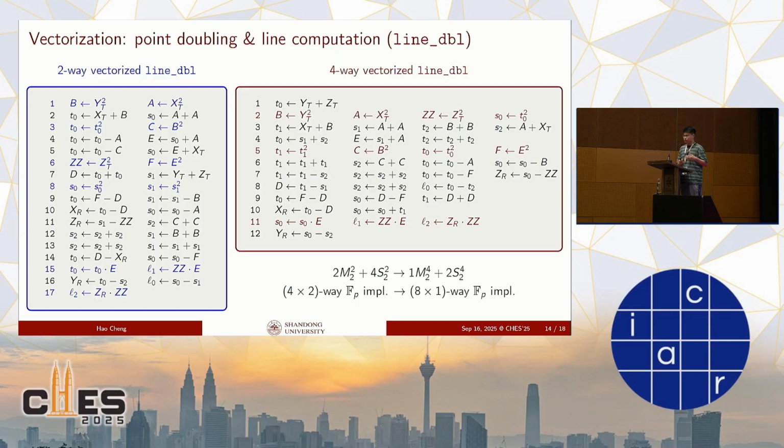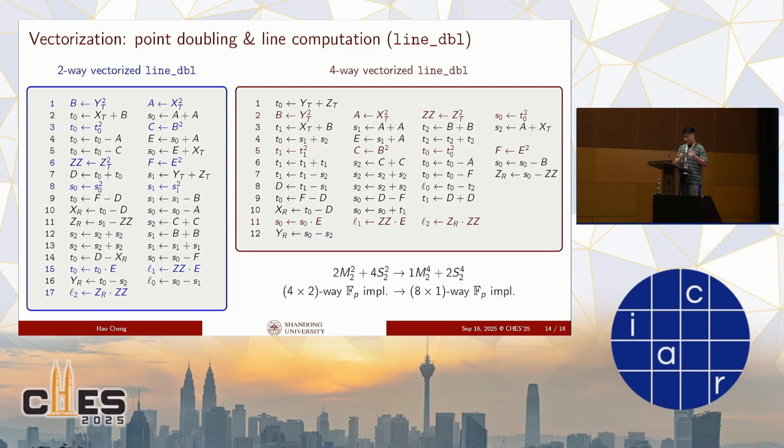So here we show the 2-way and 4-way vectorization for the line doubling. I highlighted the costly operations, for example, the squaring and the multiplication. On the left-hand side, we can see there exist two-way multiplications and 4 two-way squarings.